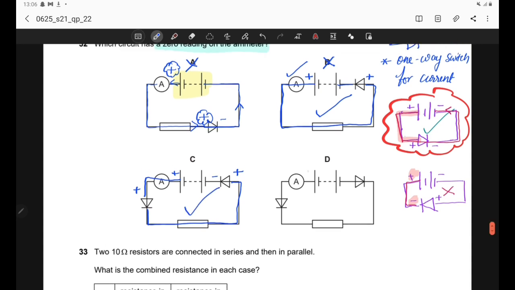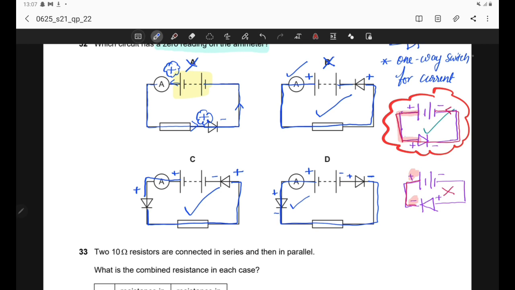Option D, the positive side of the cell is connected to the positive side of the diode, so the first diode is forward biased. So there will be a current. But when you look at the second diode, you can see the positive side of the cell is connected to the negative side of the diode, or the negative side of the cell is connected to the positive side of the diode.